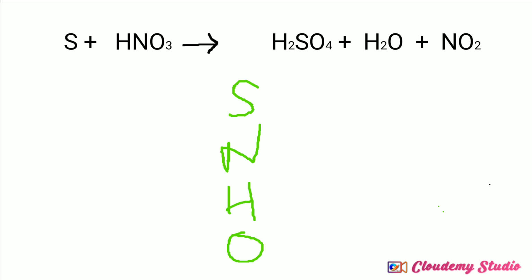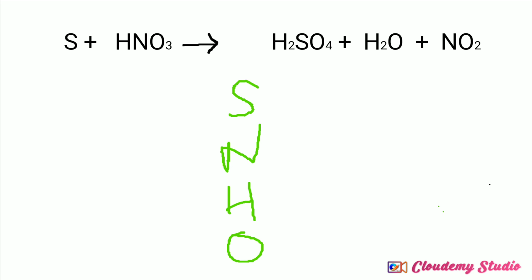By the traditional hit and trial method, I have noted down the atoms present on the reactants as well as the product side. They are sulfur, nitrogen, hydrogen, and oxygen.